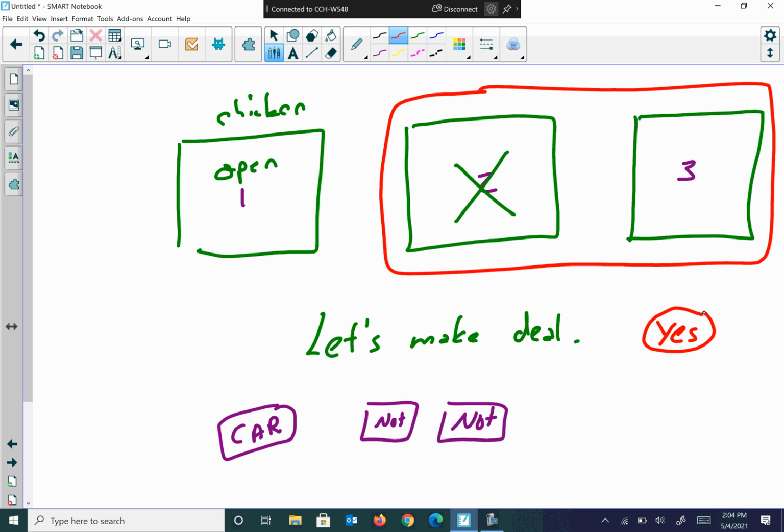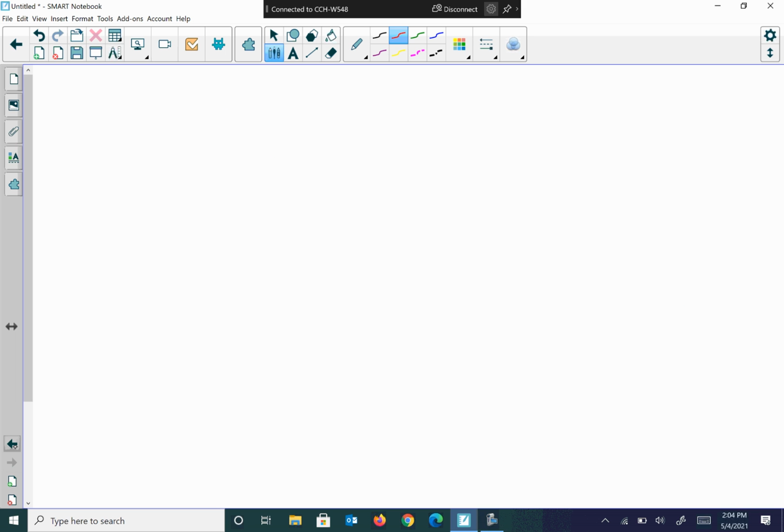Now, the hard thing is with 3 curtains, it's really hard to decipher the math. So let's go on a different thing. Let's say we had 1 million doors. And they're all closed. And they say behind one of those doors is Chipotle for life.